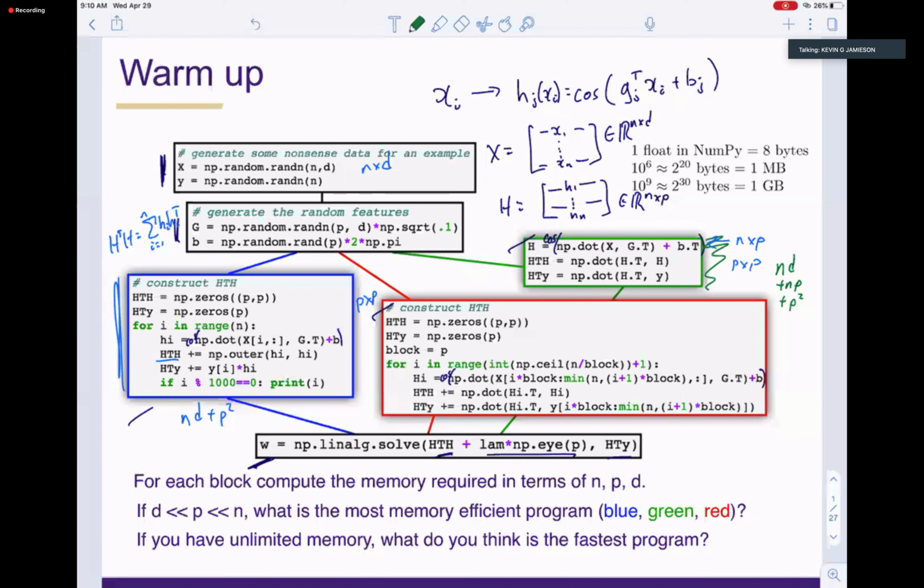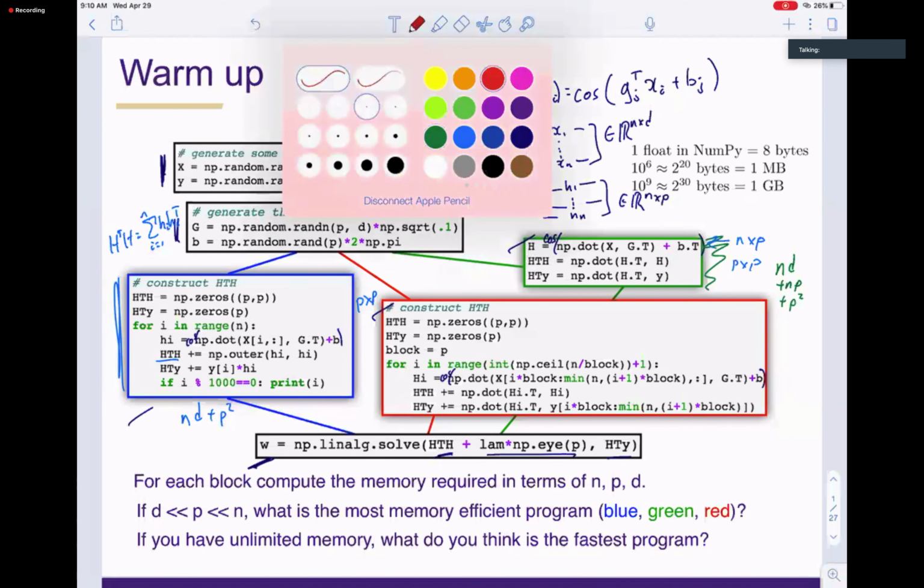The blue is a naive or straightforward application of computing H transpose H and inversion. This is the solution to the last homework 1 problem, using those random features.